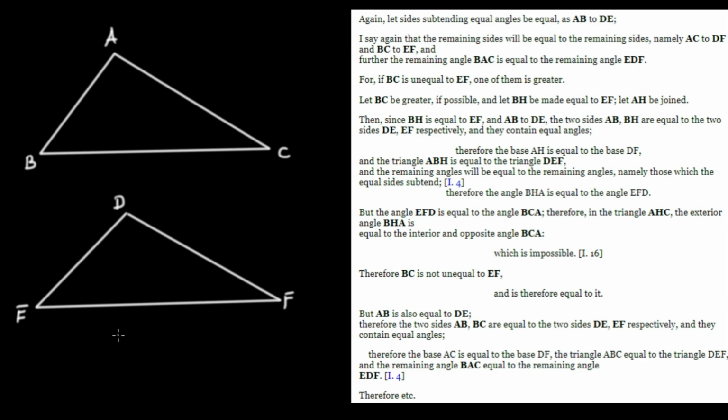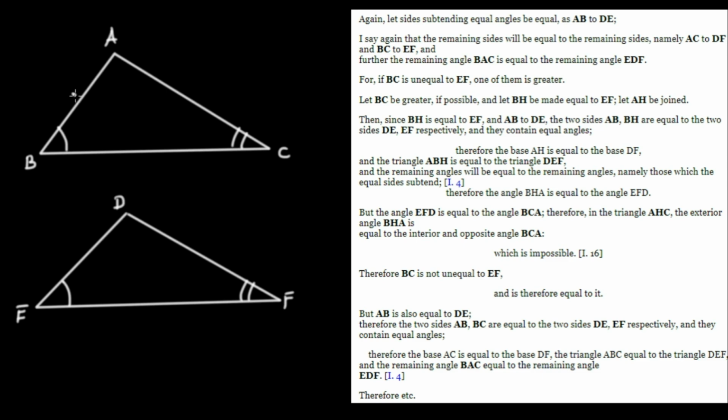So many of the givens will be the same. ABC is going to be given to be equal to DEF, and ACB will be given to be equal to DFE. But instead of these two sides being given to us to be equal, he says, again, let sides subtending equal angles be equal, as AB to DE.